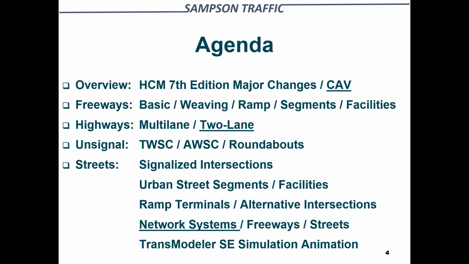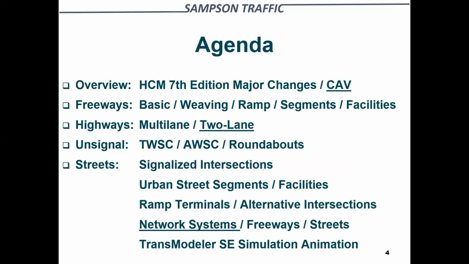The connected automated vehicles are modeled at some level by essentially increasing the capacity as a function of the penetration rate of the CAVs within the general traffic. The two-lane highway chapter has been completely redone and replaced.